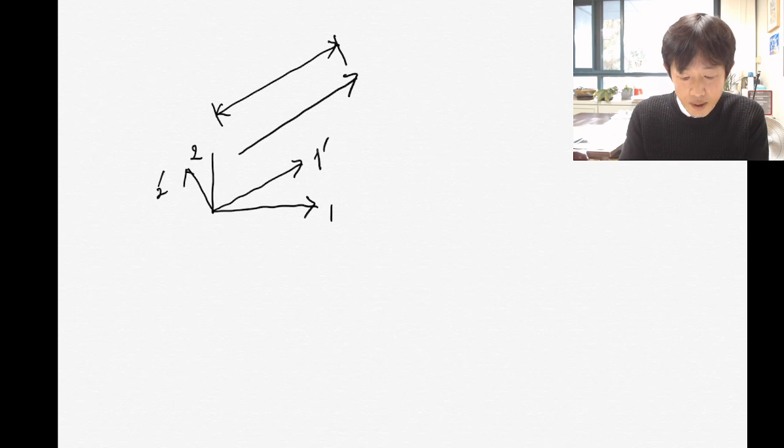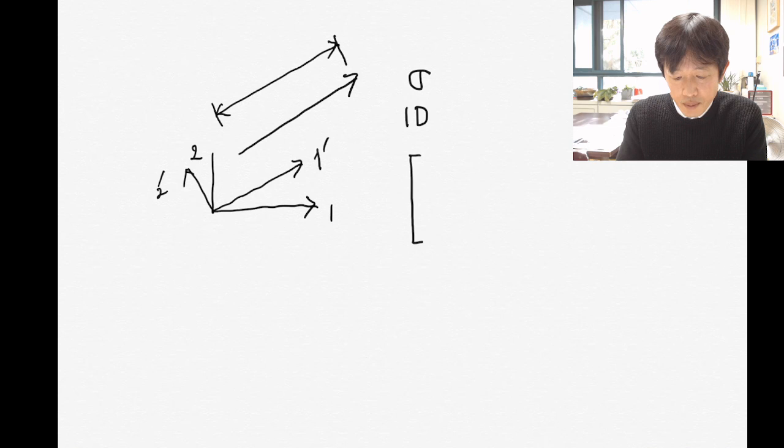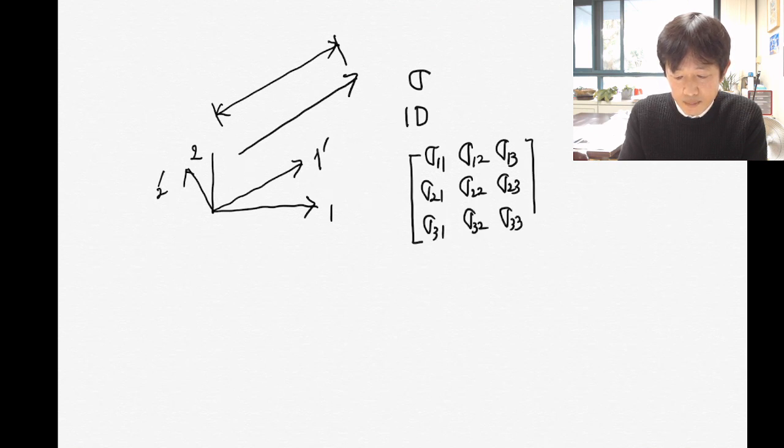So let's consider stress here. Say in the case of a one-dimensional problem, we have one-dimensional stress. This is for 1D. But in the case of 3D, the stress is given by multiple stress components: sigma 1 1, 1 2, 1 3, and sigma 2 1, sigma 2 2, 2 3, and sigma 3 1, sigma 3 2, and sigma 3 3 here.